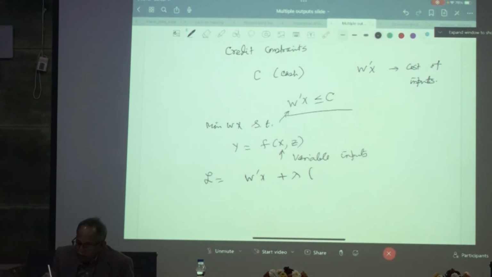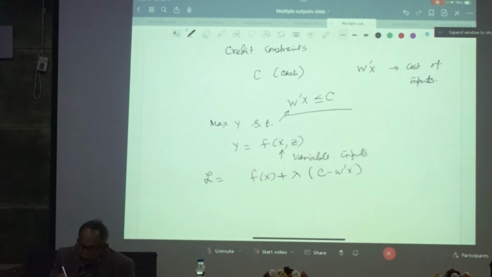Because you have to get this C minus W prime x, or W prime x times C, so I get back to the original one, this f of x. Okay, so let's get to maximize y subject to this credit constraint.